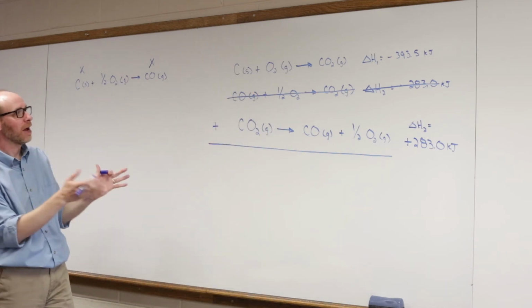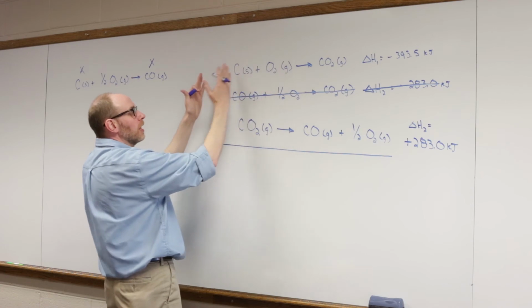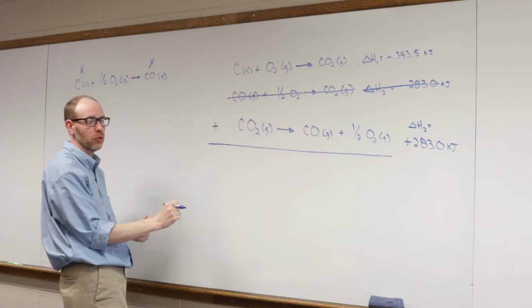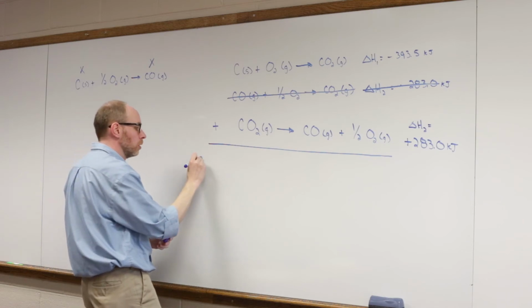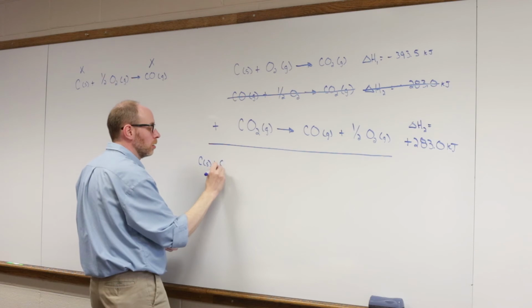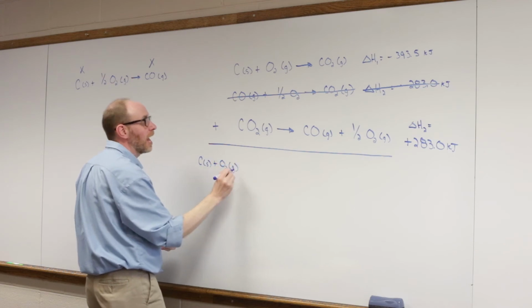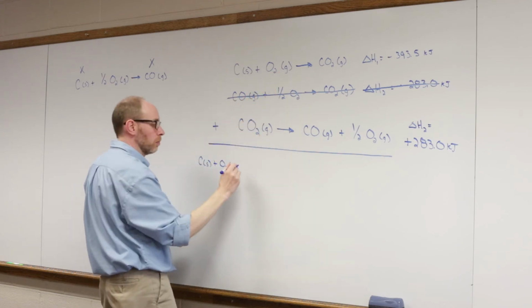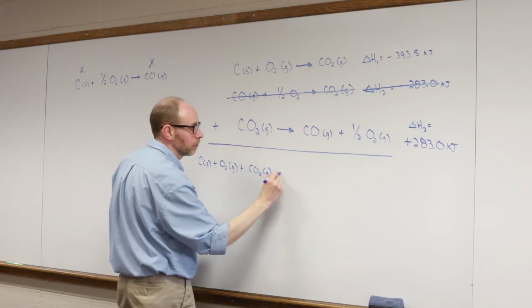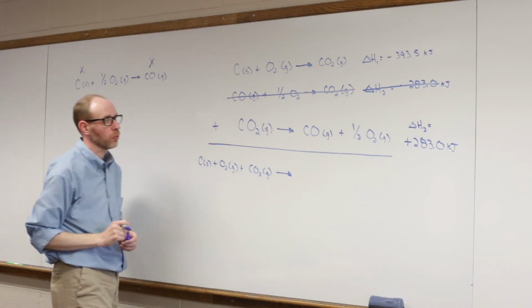So I'm going to take everything that's a reactant, everything on the left-hand side of the reaction here, and put it on the left-hand side of the reaction arrow down below. Carbon as a solid, plus O2 as a gas, plus carbon dioxide as a gas. Now we draw the reaction arrow.